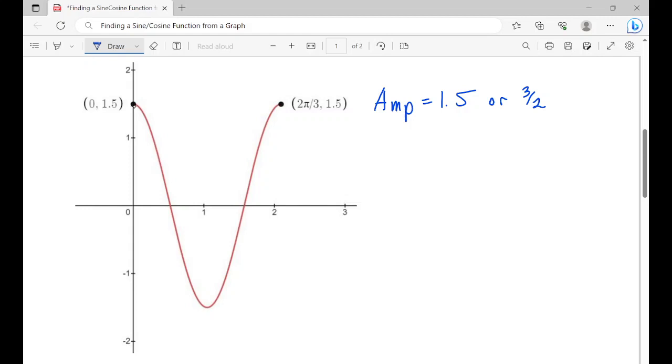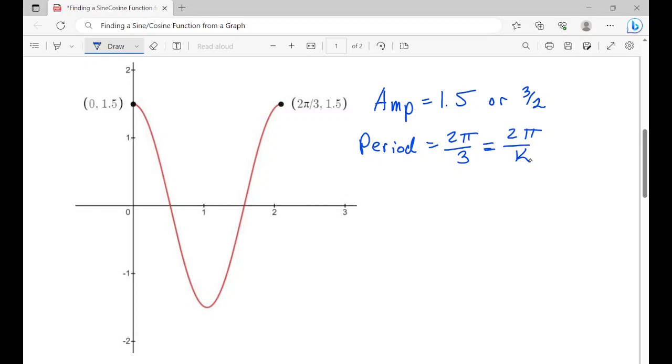Period again, from 0 to 2 pi over 3, so it's a period of 2 pi over 3. And we get the period by doing 2 pi over k.